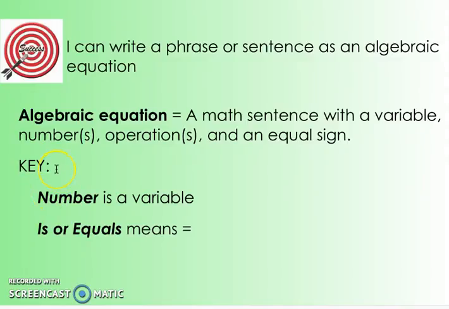And some key words that let you know that it's an equation is, for sure, it has a variable. So usually you see the word number, like a number or something is missing, okay? And then you usually see the words either is or equals. And that gives us a signal that we are going to have an equal sign in it.